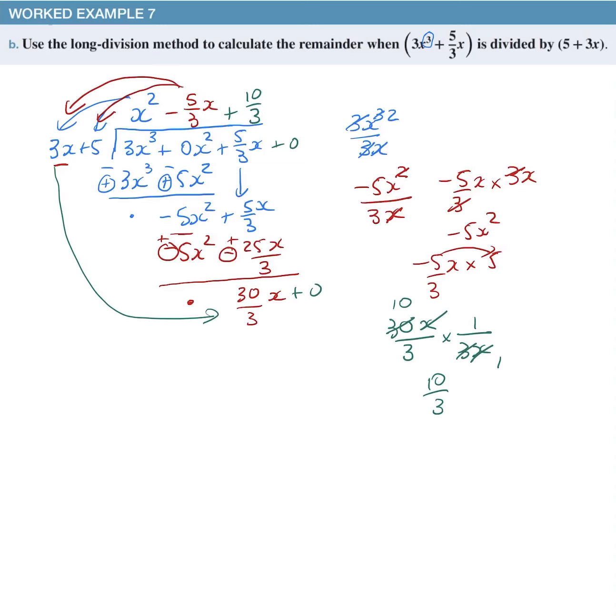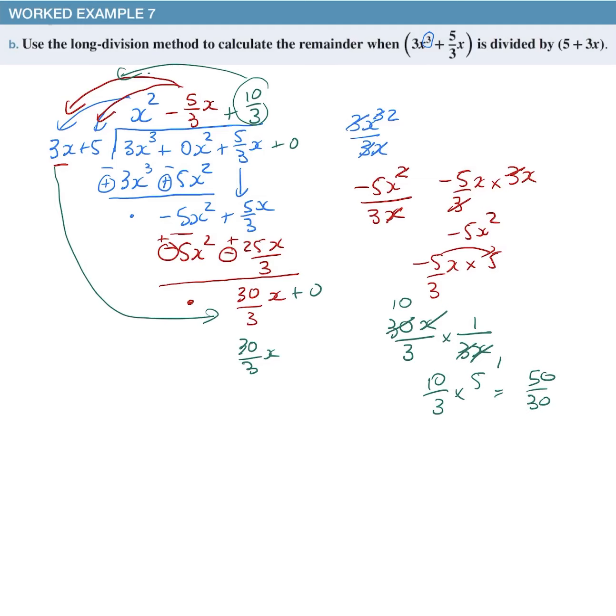10 over 3 times. Now I'm multiplying back. 10 over 3 multiplied by 3x is 30 over 3x. And 10 over 3 times 5, so if I have 10 over 3 times 5, it will give me 10 times 5 is 50 over 3.